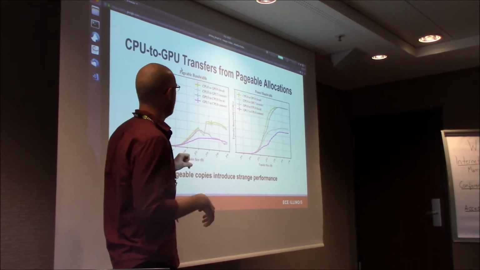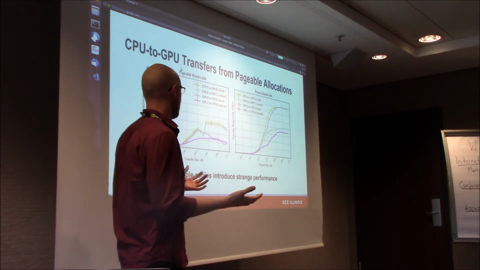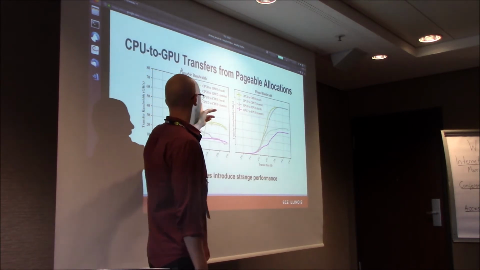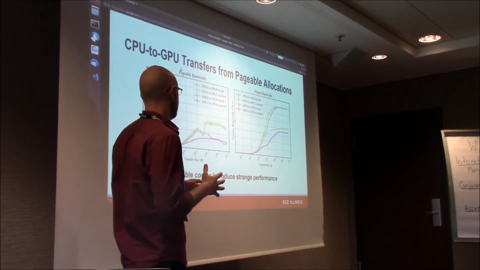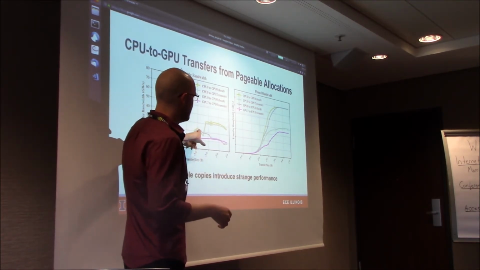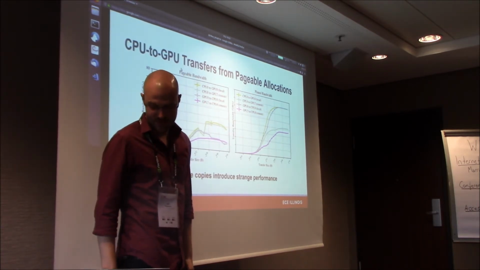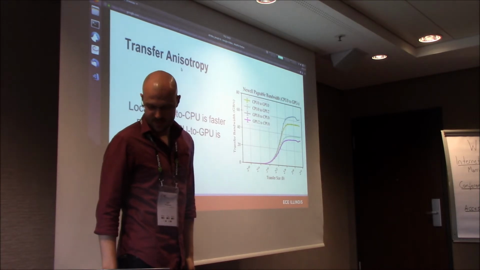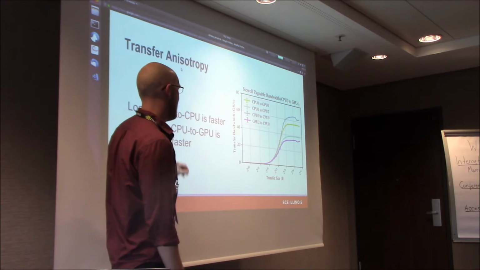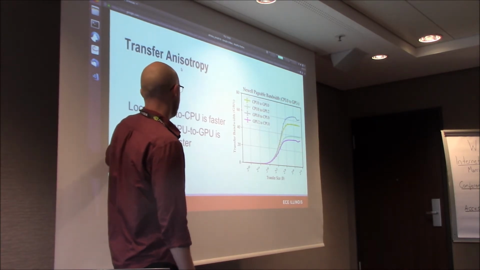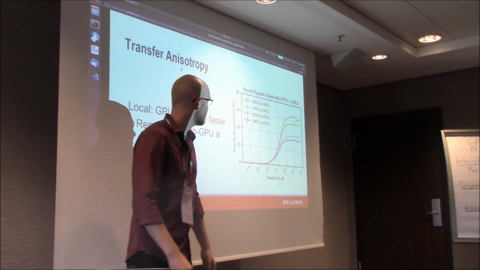It might tell me that the pinned copy is faster than the pageable one in some cases, but they don't really tell you, for example, that the GPU to CPU direction is going to be quite different from the CPU to GPU direction in some cases. So there's some reason to measure some of this stuff. I showed this plot before, but depending on the kind of transfer you're doing, the CPU to GPU direction can be quite different in performance from the GPU to CPU direction as well.